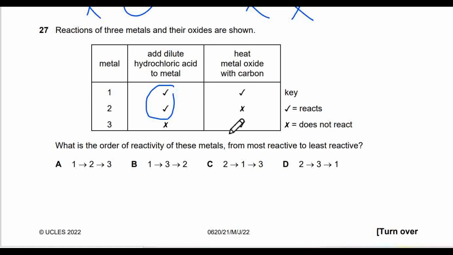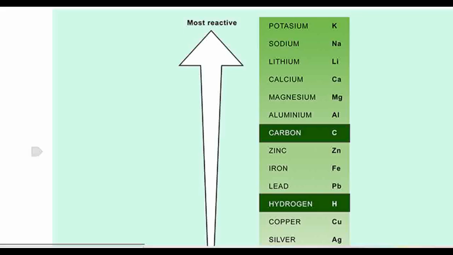Now let's check the list of reactivity of metals. You will see there is carbon in here as a reference. There are some metals in a higher position, more reactive than carbon, some metals less reactive than carbon, and some metals less reactive than hydrogen. So the metals that are more reactive than carbon are at the top part.